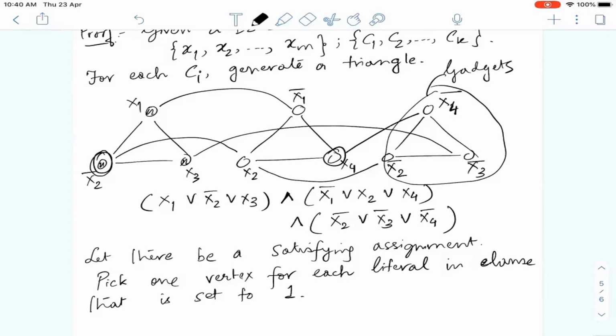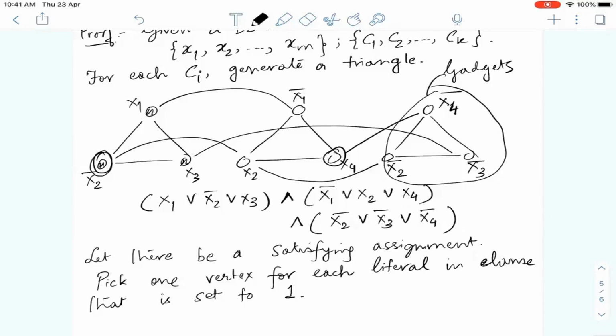Because the intended semantics of this reduction is the following: if in my satisfying assignment I end up setting, let's say, x1 to be 1, then I know that x1 bar has to be 0, right?